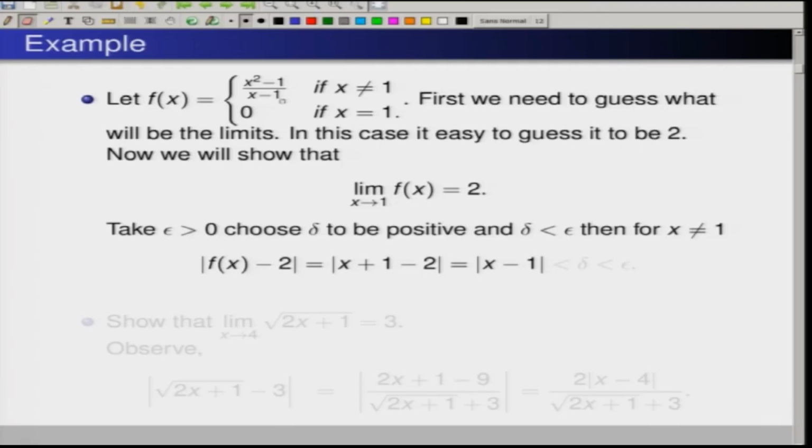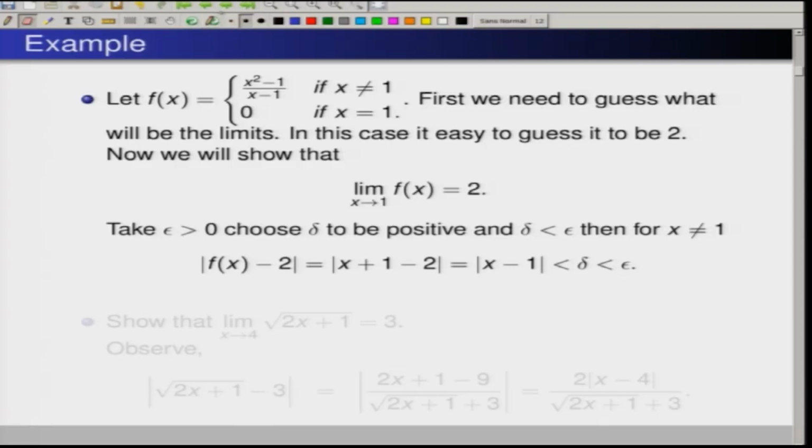Factorizing, this is x plus 1 minus 2, which is mod of x minus 1. We are interested in the limit as x goes to 1, so we look at the interval 1 minus delta to 1 plus delta. Now if this is less than delta, and we choose our delta to be any positive number less than epsilon, then we get that the limit of f of x as x goes to 1 is equal to 2.